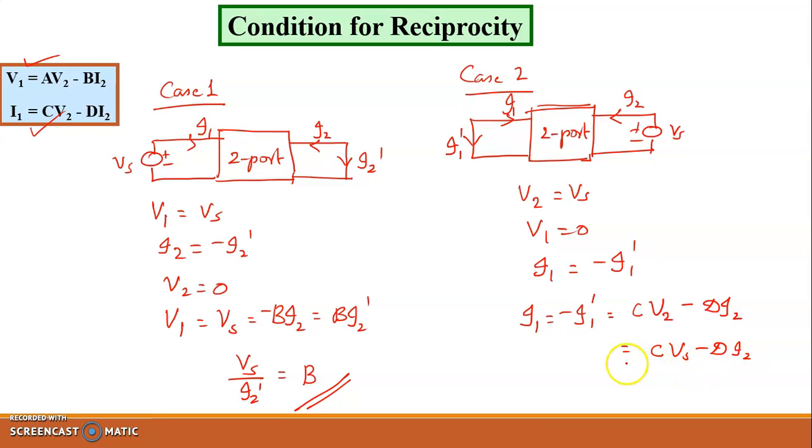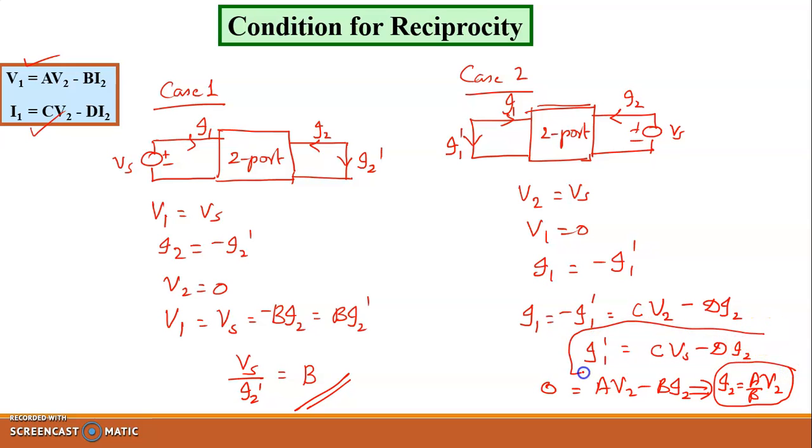And from the first equation, V1 is equal to 0, therefore 0 is equal to A into V2 minus B into I2, and from this I can solve I2 is equal to A by B into V2, or A by B into Vs. And from the second equation I am getting minus I1 dash is equal to CVs minus DI2.